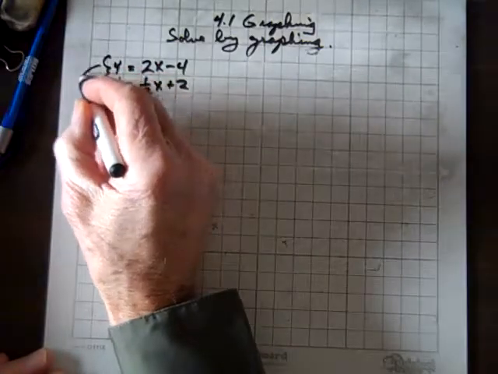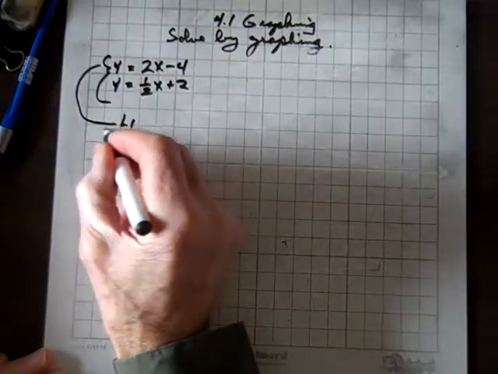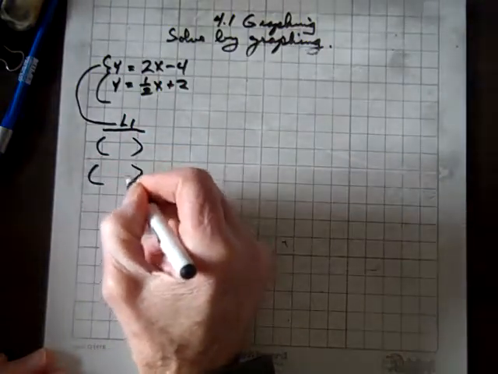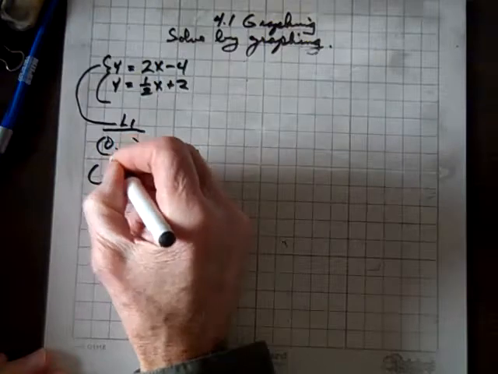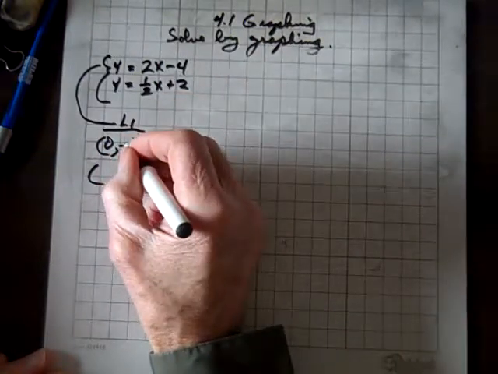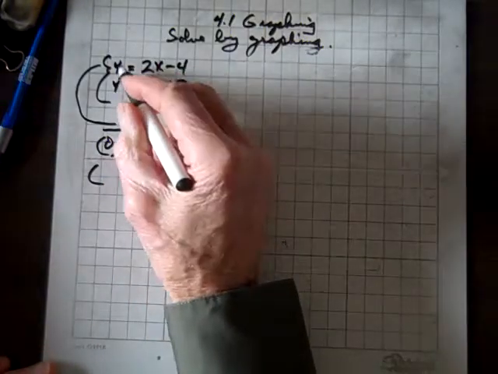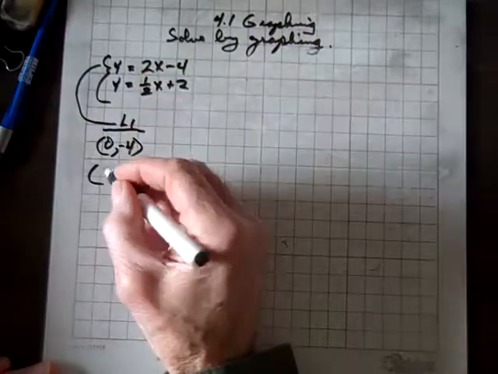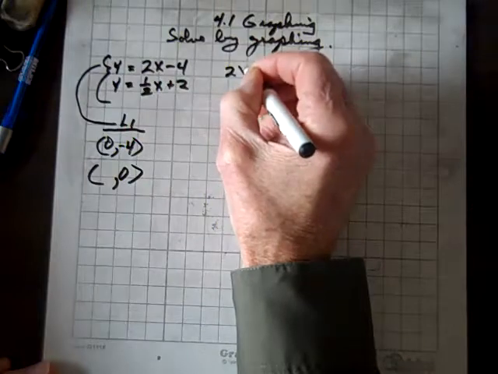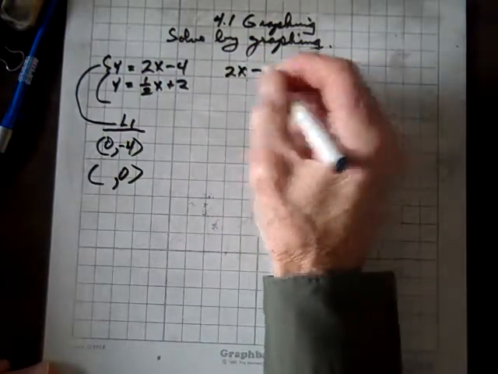So we'll call this equation line 1, and we'll find the intercepts. We'll let x be 0, and when x is 0, will you agree y is negative 4? Now we'll let y be 0. That means we set 2x minus 4 equal to 0 and solve.